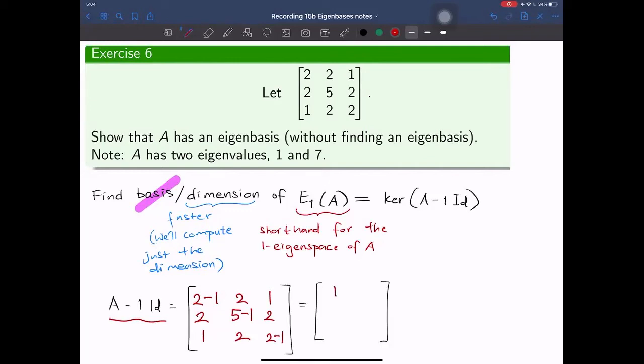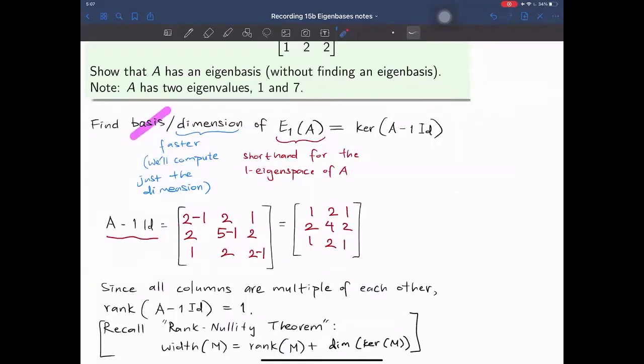This gives me 1, 2, 1, 2, 4, 2, 1, 2, 1. I see that each row is a multiple of all of the other rows. So this tells me that the rank of this matrix is 1.